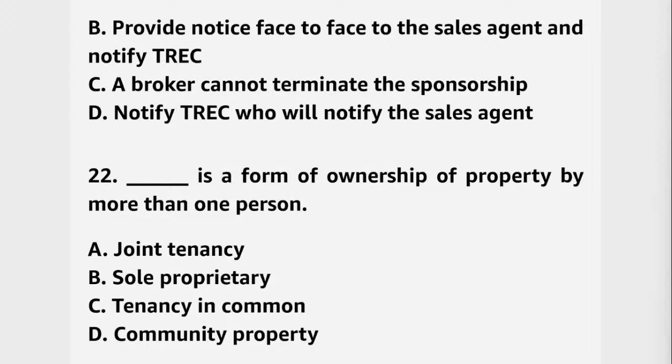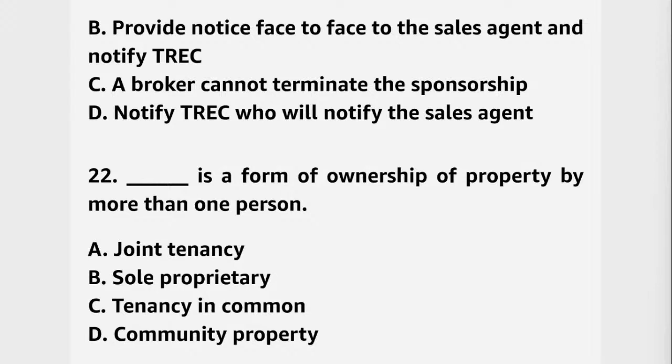Okay, so joint tenancy has to meet four conditions, right? TTIP: time, title, interest, possession. So they purchased it at the same time. They took the same title, like either inheritance or bought it through financing, but they took title the same way.